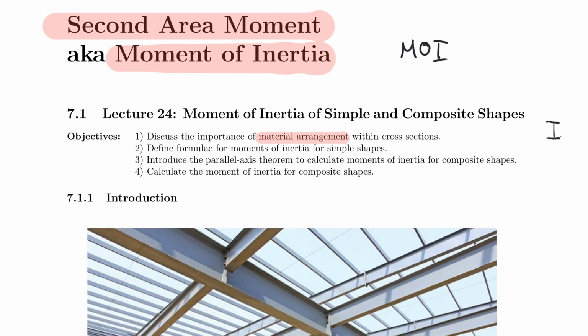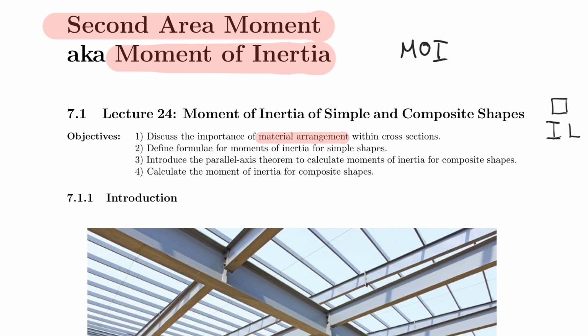There's a reason why engineers create these cross-sections in such a way, or sometimes you have seen, for example, an angle, or sometimes maybe even a tube, and so on. Those cross-section distributions have a reason, and that's the first thing I want to talk to you about when we discuss the importance of the material arrangement.